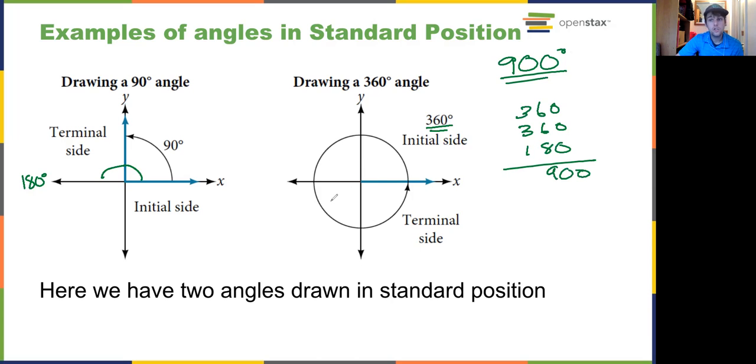So we could show a 900-degree rotation similar to the way we showed this 360. We have to show the rotation though. So 900 is one full rotation, another full rotation, and then a half rotation. So a 900 would end right there. A 900-degree angle would have an initial side over here, and then a terminal side going right out there.